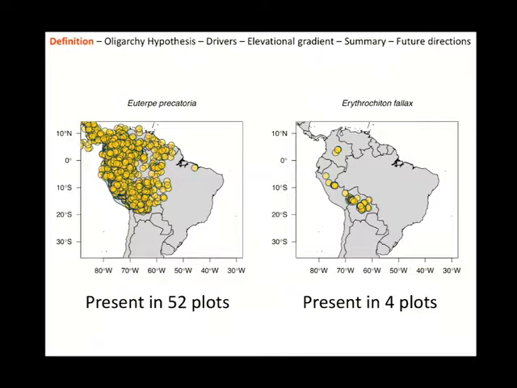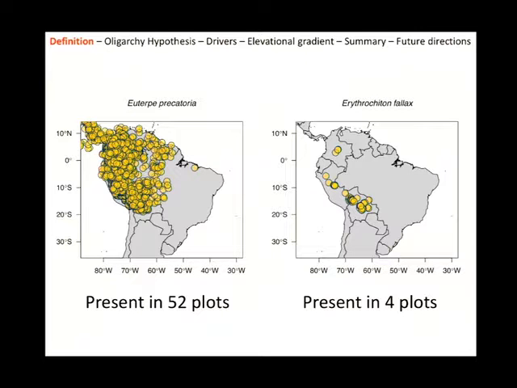And this is not so common a species from this point of view, Erythrochiton phallax, and it doesn't occur in many sites, or it's not very frequent or very widely distributed. This aspect of commonness is independent of the abundance of the species.